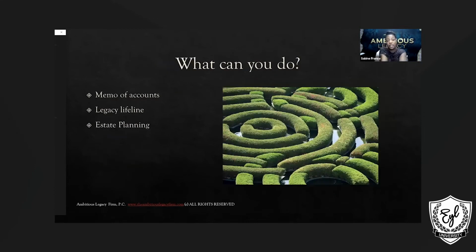And so what are some things that you can do, or talk to your family about doing? A memo, what's called a memo of accounts, which is basically a listing. You could do it with a spreadsheet, or anything really. A listing of all of your accounts, your account numbers, the institutions they're with, their IDs and passwords.